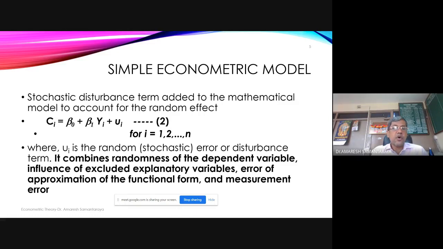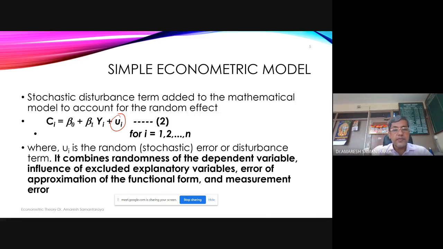Model 2 is a simple econometric model. It is an econometric model because it improves the mathematical model by including a stochastic error term. So the difference between the mathematical model and the econometric model is the addition of this UI, which basically captures the randomness or stochastic nature of the behavior pattern of individuals.